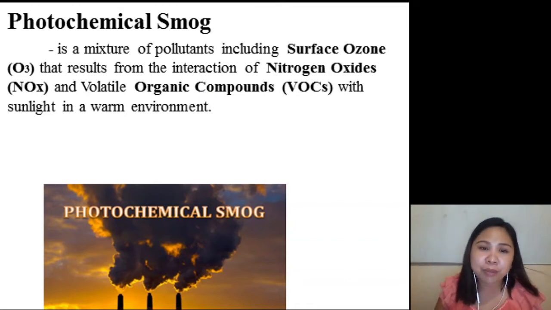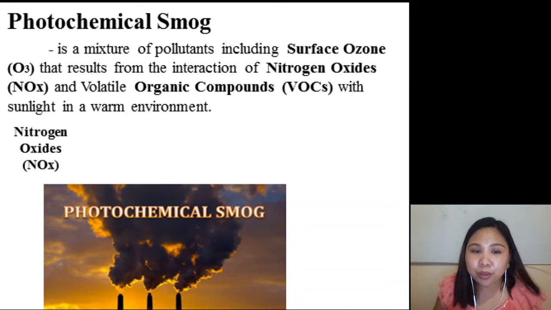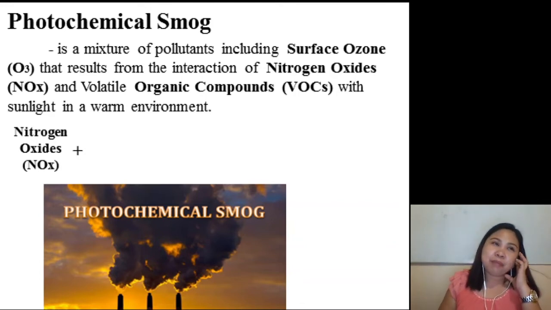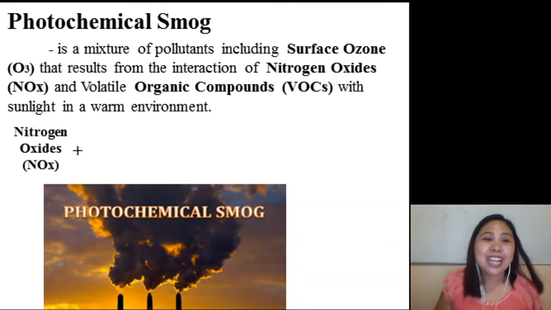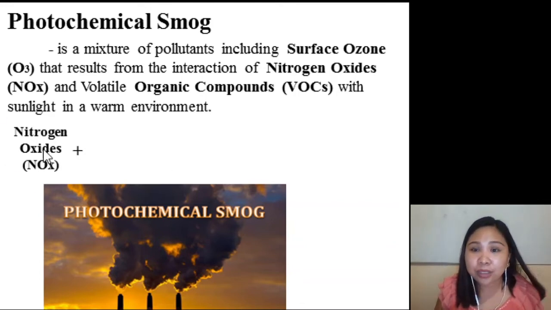Okay, so paano ba yan, ma'am? Okay? So, para mas maano nyo, ginawan ko siya ng chemical equation. Ayan. Yung nitrogen oxides, take note, these are primary pollutants. Una ko tong diniscuss.